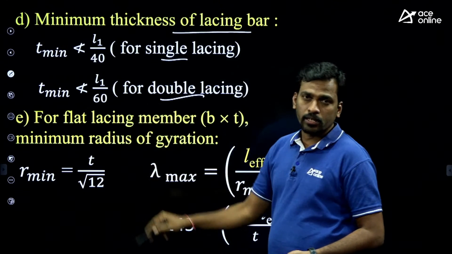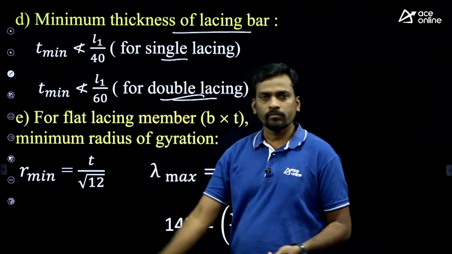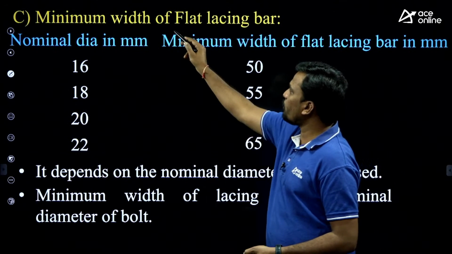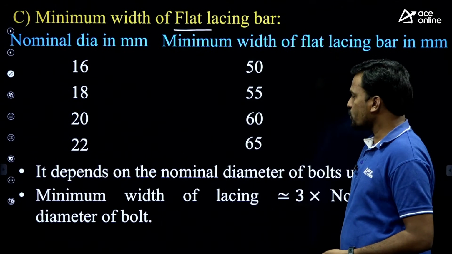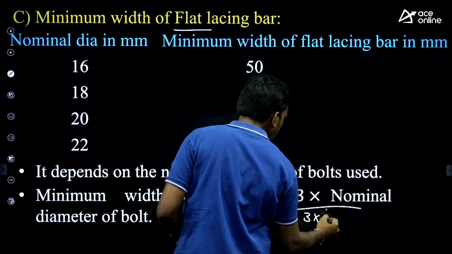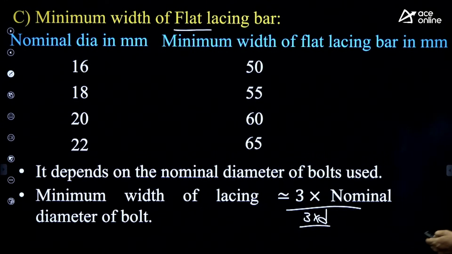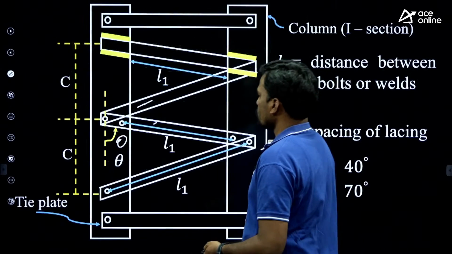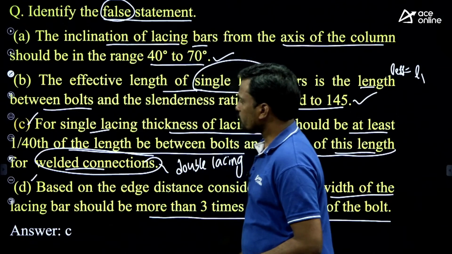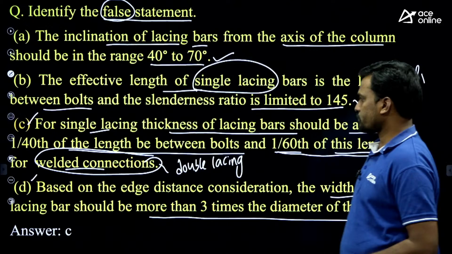But in statement 3, welded connection is given. This is for double lacing. And next, these are the minimum width values, right? So what is the value? Approximately 3 times the nominal dia of bolt. So here D is also correct. Then the incorrect statement is C.